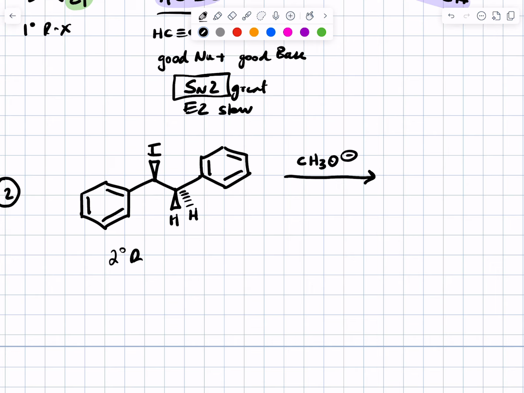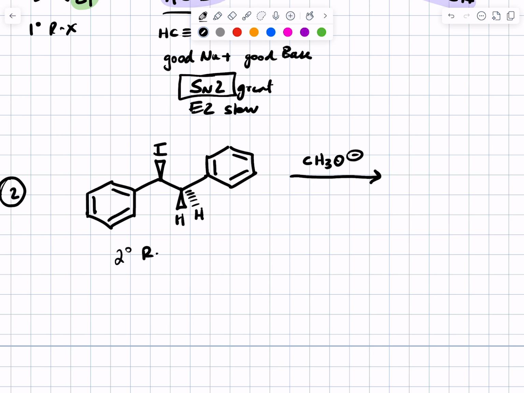So this is a secondary alkyl halide. And this is something that is both a good nucleophile and a good base. So what do you predict in terms of the outcome? Competition between both SN2 and E2.